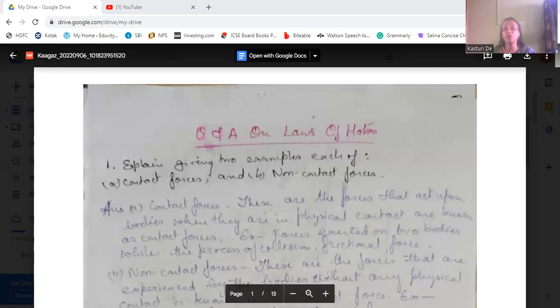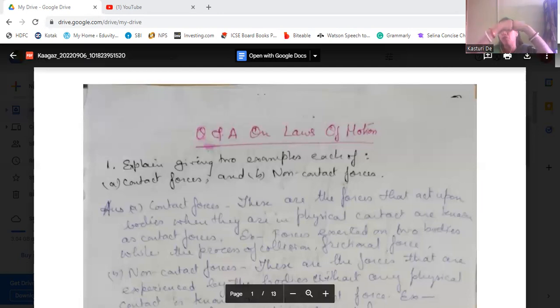The first question is: explain, giving two examples each, contact forces and non-contact forces. What are contact forces? Contact forces are those forces that act upon bodies when they are in physical contact, that is, when they are touching. This is a body, this is another body.